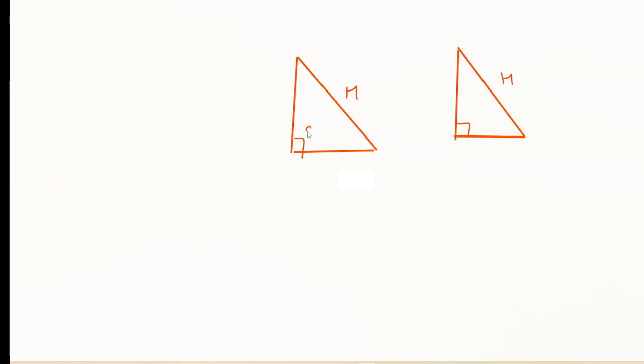Because one angle is 90, we know that. Okay, hypotenuse, one right angle, and any one side, it can be perpendicular or base. If any one of the sides is equal, we can say that these two right angle triangles are congruent. So RHS.